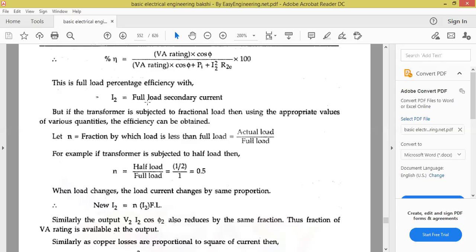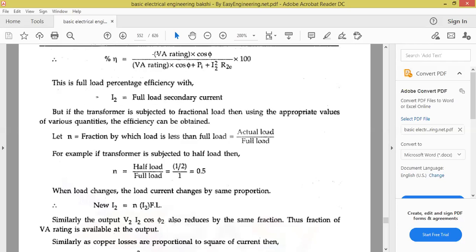This is the formula for efficiency at full load. What is full load? In your house, let us say you are turning on all the components. All the components are on, it is full load. If you are saying, sir, I am not using 50% of my components in my house, then the load is off full load.